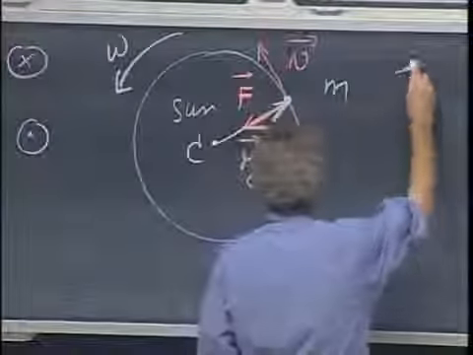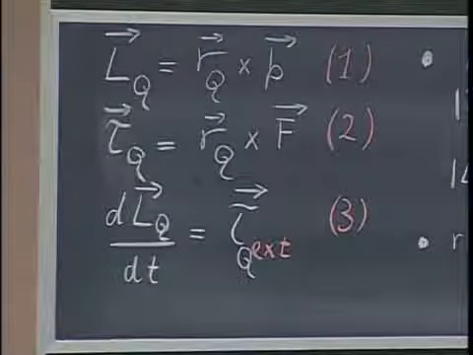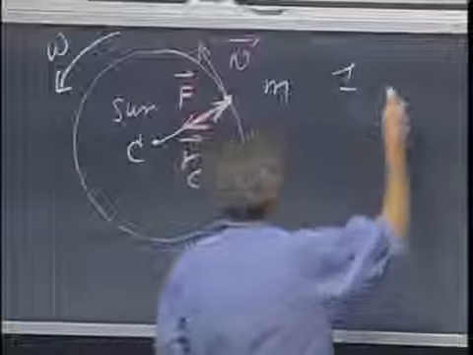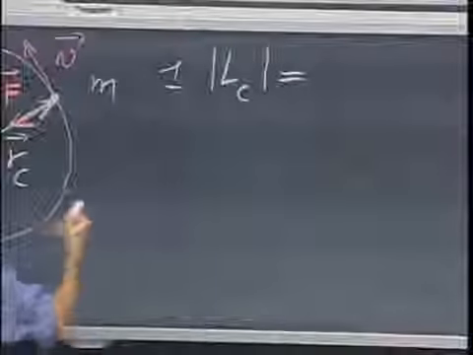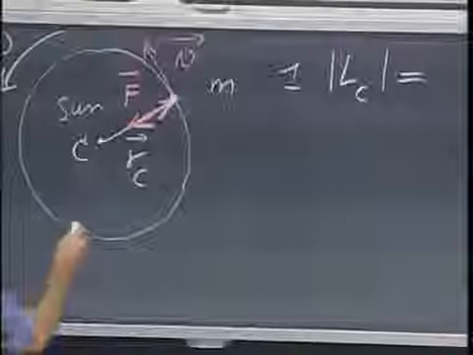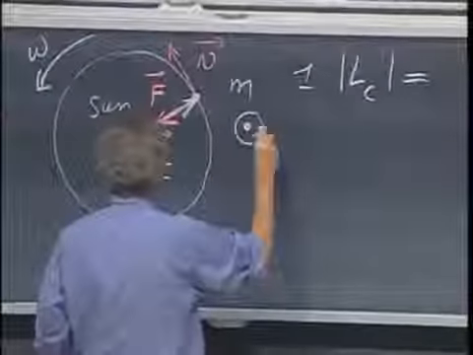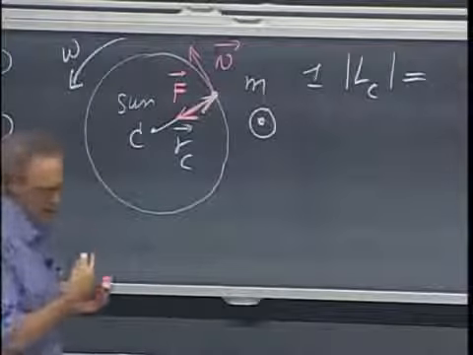Well, go to equation number 1. And the angular momentum relative to point C, L relative to point C, the magnitude, because the direction is clear: if it's going, as seen from where you are, counterclockwise, then the direction of the angular momentum will be pointing out of the blackboard. So I'm only interested in the magnitude.